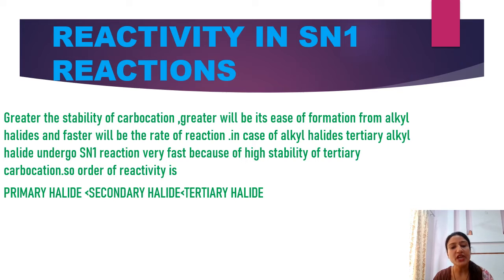So tertiary halides are more reactive than secondary halides and primary halides. You notice here the reactivity in SN2 and in SN1 are opposite. In SN2 the reactivity of primary halide is more, and in SN1 the reactivity of tertiary halide is more.